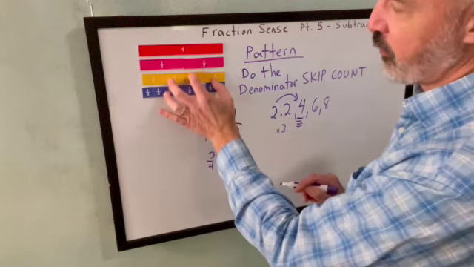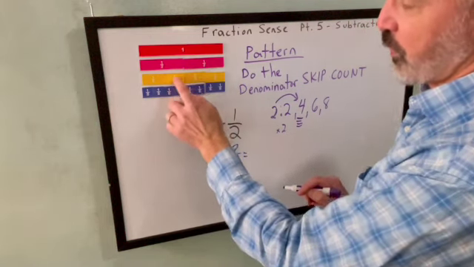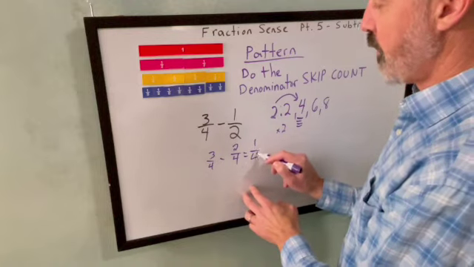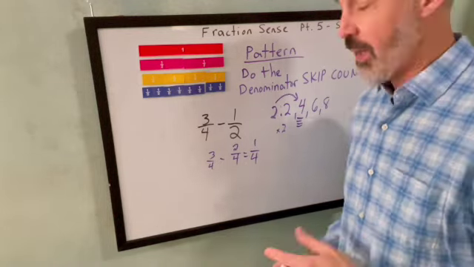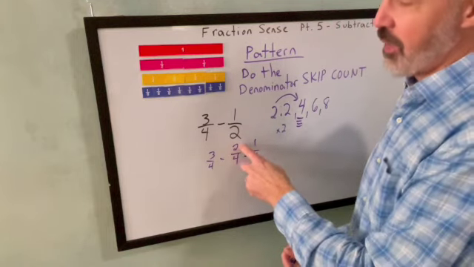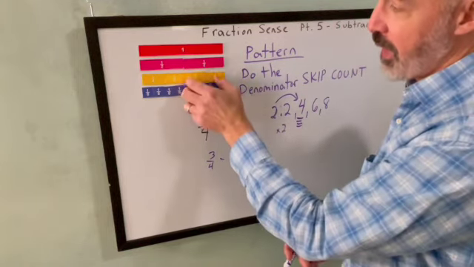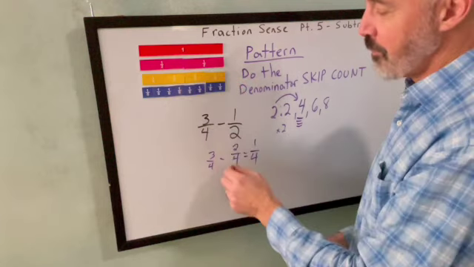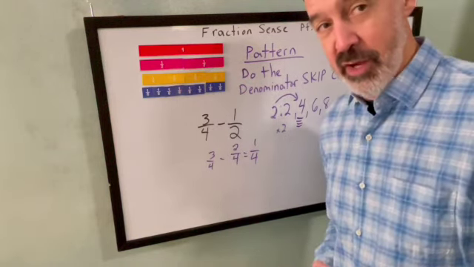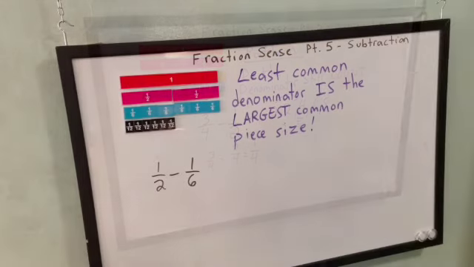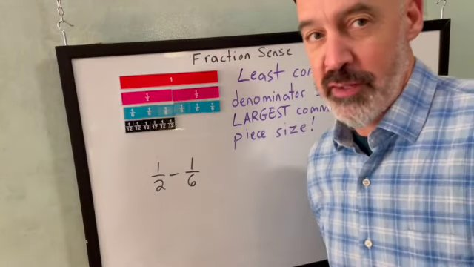If you have 3/4 minus 2/4, there's 1 left over. So this is a more efficient way. All you're doing is skip counting and finding common denominators. And if you can picture why 1/2 and 2/4 are the same, the multiplication kind of becomes secondary to the child.